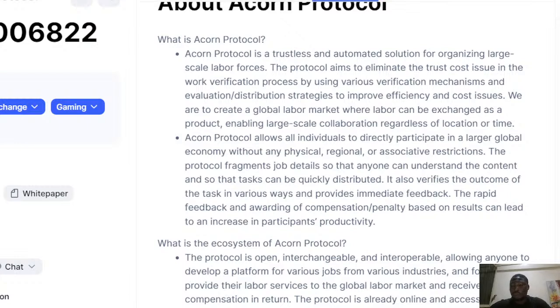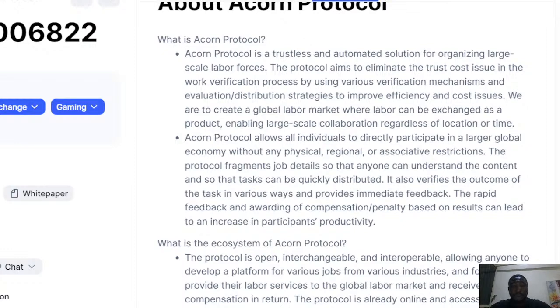What is Acorn Protocol? Acorn Protocol is a trustless and automated solution for organizing large-scale labor force. The protocol aims to eliminate the trust cost issue in the work verification process by using various verification mechanisms and evaluation distribution strategy to improve efficiency and cost issue.